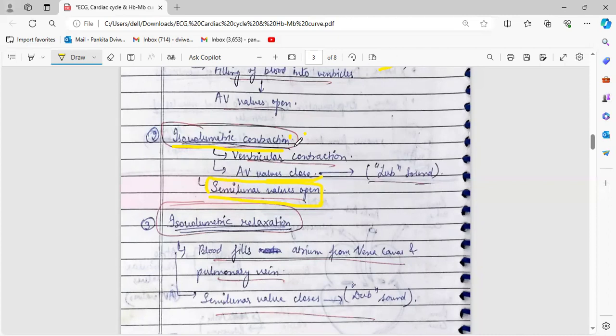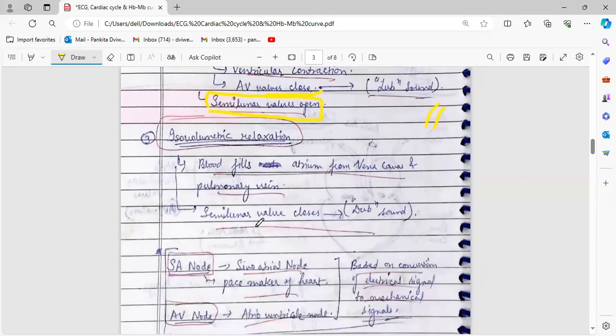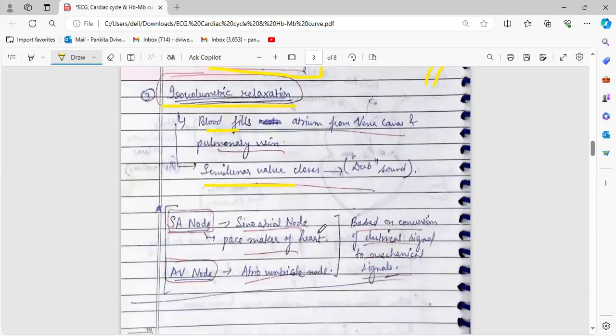From this ventricular contraction, the blood will flow through the aortic arch and the pulmonary trunk. The third phase is called the isovolumetric relaxation. In this case, the blood will fill from the superior and inferior vena cava and the pulmonary vein into the atriums, and the semilunar valves will close.